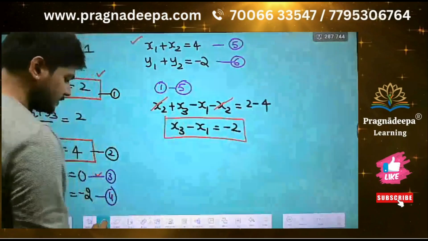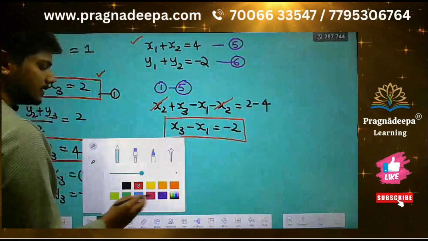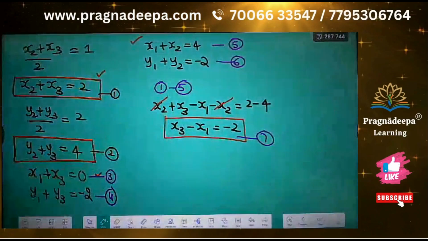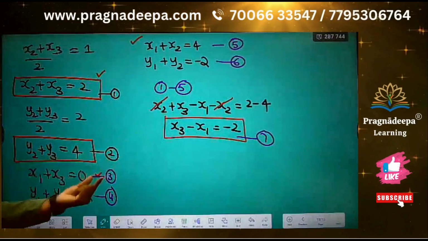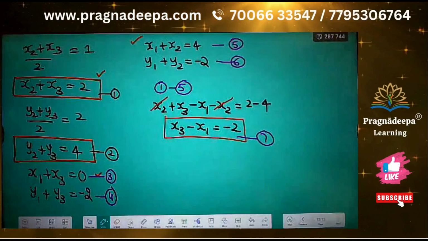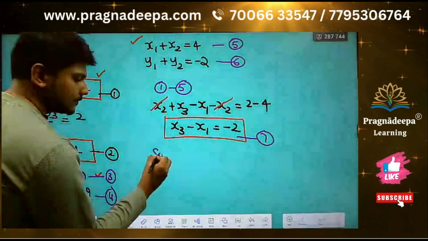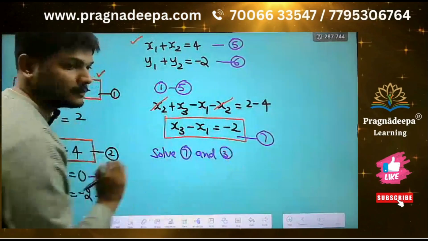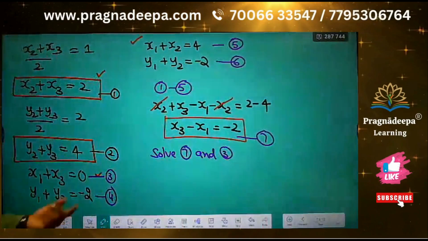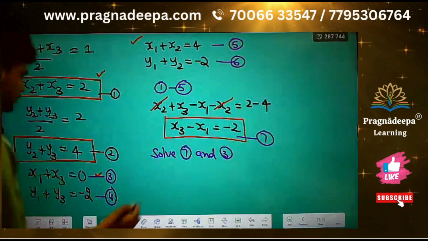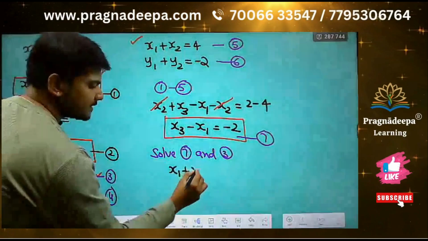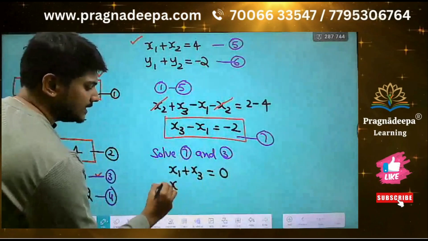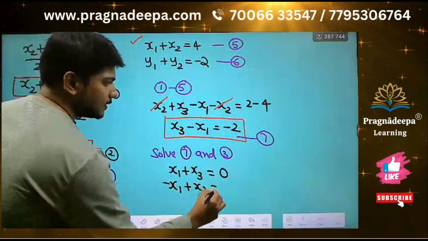So call this equation 7. Now solve 7 and 3. There are many equations, so there are chances of getting confused. How do you solve? Just add them. x1 plus x3 is 0, and minus x1 plus x3 is -2.